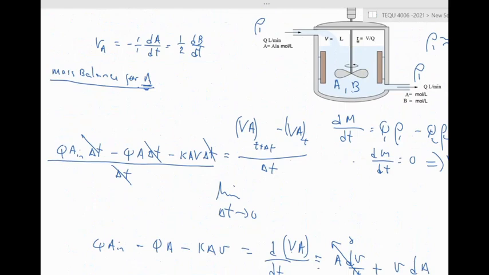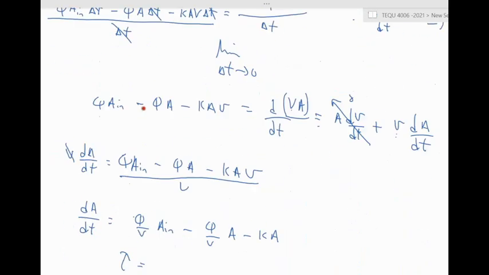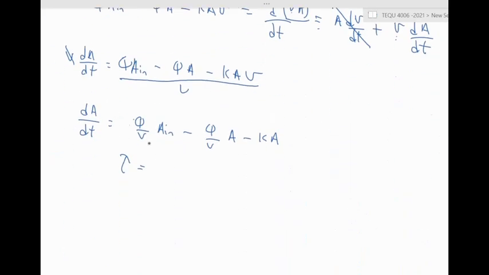That's expressed right here. Tau equals V over Q. The units typically are, for example, if V is liters and Q is liters per minute, obviously this will be minutes. That's the residence time.